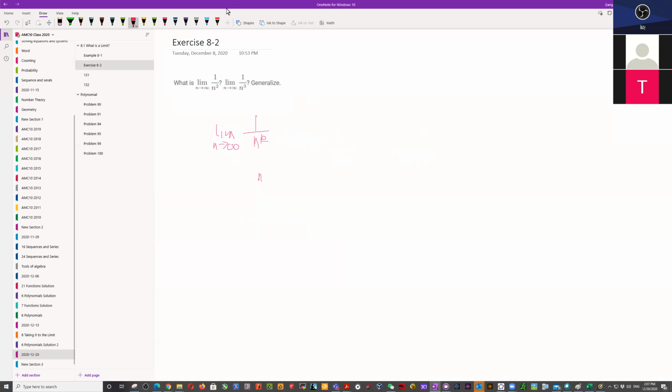As long as k is greater than 0, even a fractional power still goes to infinity as n goes to infinity, and then the whole number goes to 0.